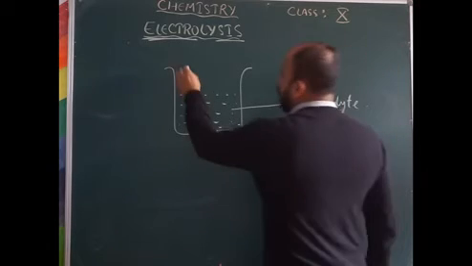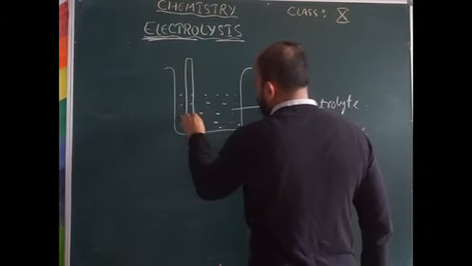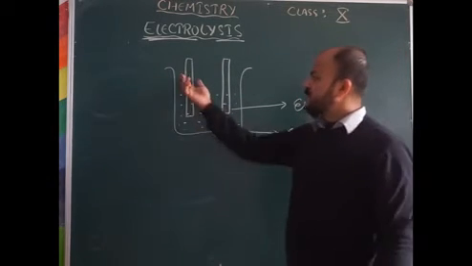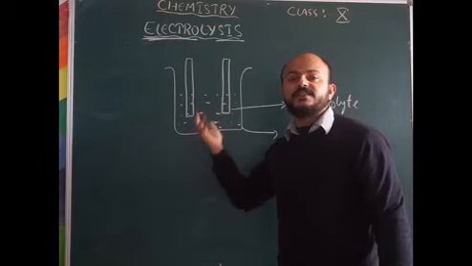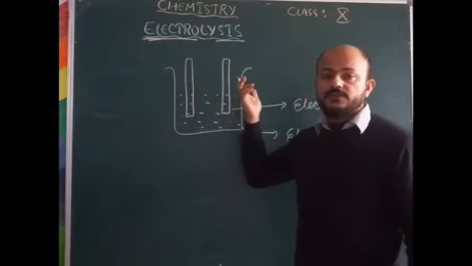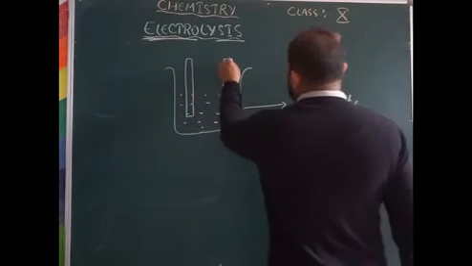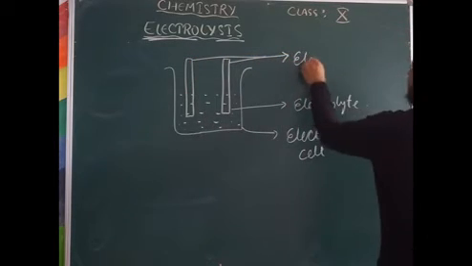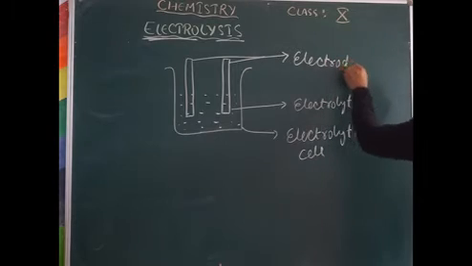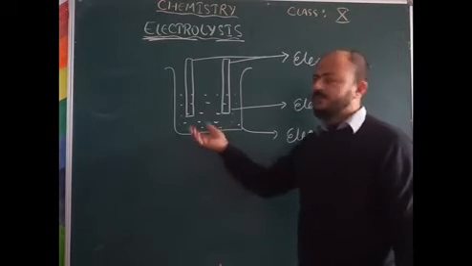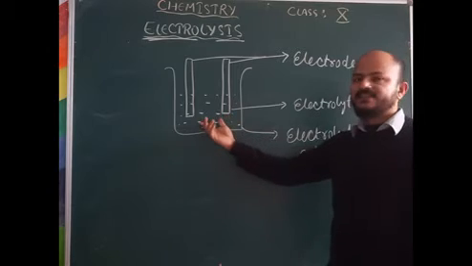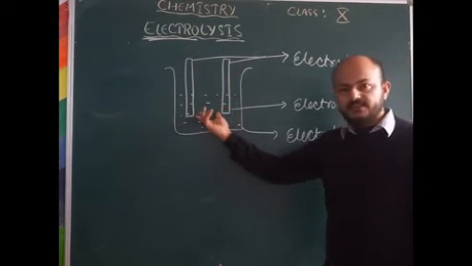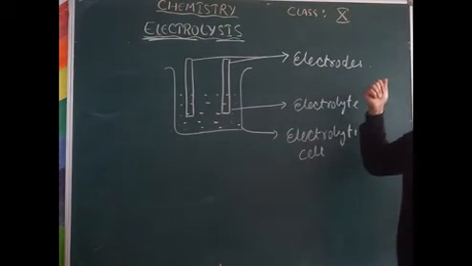Now here we have two rods immersed in this liquid, which is electrolyte. These two rods are known as electrodes. So it's very simple: container, electrolytic cell; the liquid inside the container is electrolyte; and these two rods immersed in this liquid are known as electrodes.